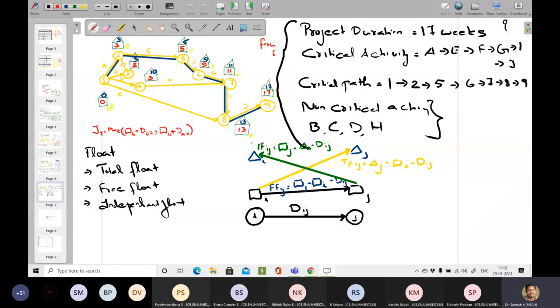Independent float will give you the information that, without affecting my predecessor nor my successor, how can I plan the activity? Sir, independent float. Take 1 minute. If the independent float value I got is 2, it indicates that I can delay my start by 2 weeks, and if I finish it, if I plan the activity before the start of the next activity, this can be planned.